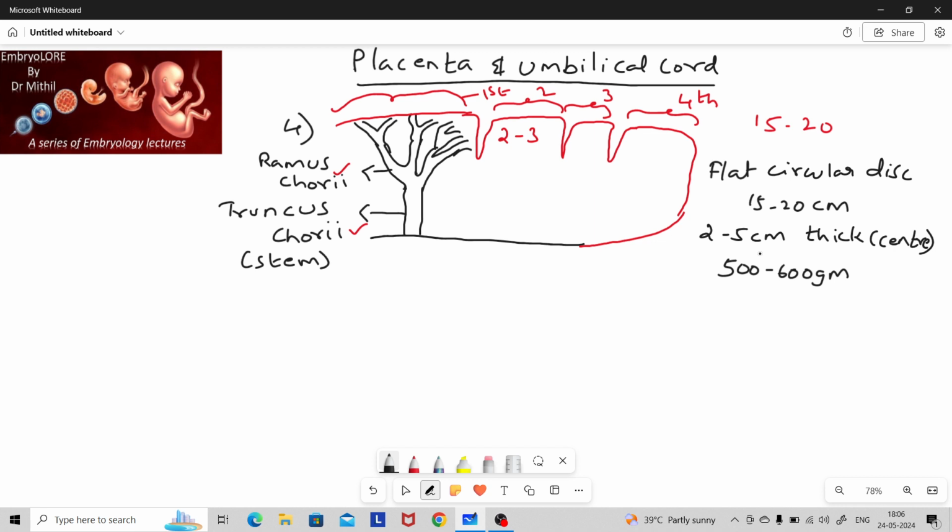With this the placenta formation is done, and now there is a very important 3 marks question, the placental membrane. What are all the contents of the placental membrane? Let us try to understand. After that, it is followed by the functions of the placenta, and then congenital anomalies of the placenta.